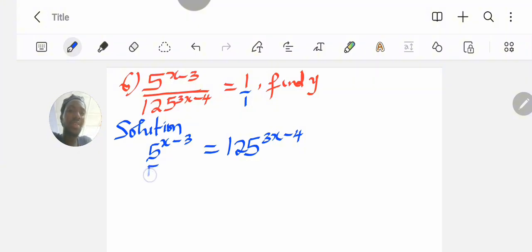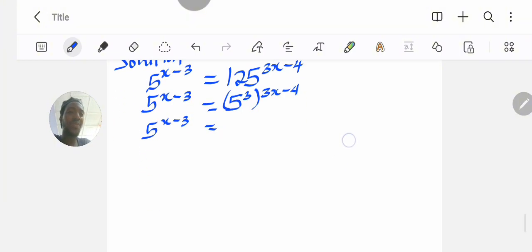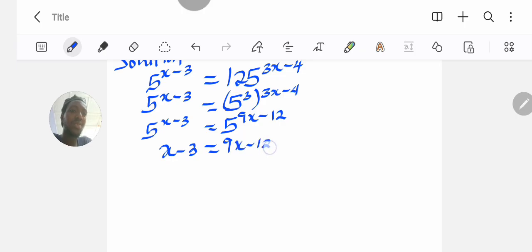And from here, this is 5 raised to the power of x minus 3 equals 125, which is 5 raised to the power of 3x minus 4. And this is 5 raised to the power of x minus 3 equals, if we multiply 3 times 3x, that's 9x. 3 times minus 4, that's minus 12. So from here, x minus 3 is equal to 9x minus 12. So that's equating the powers.